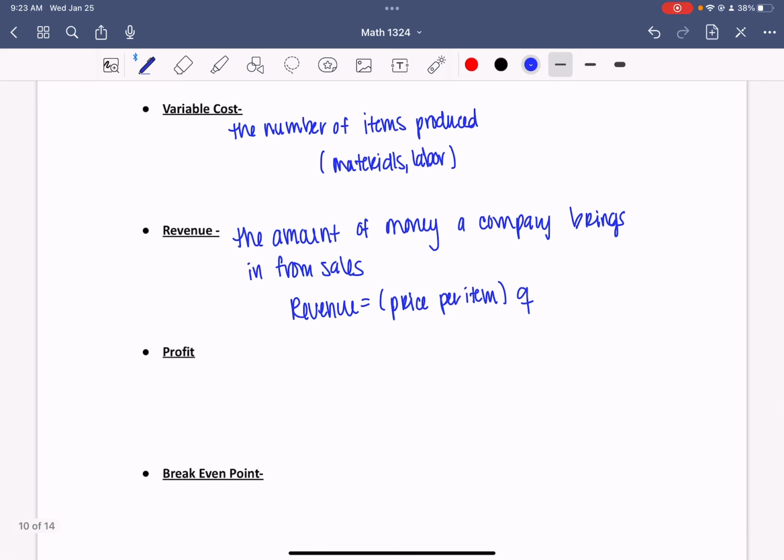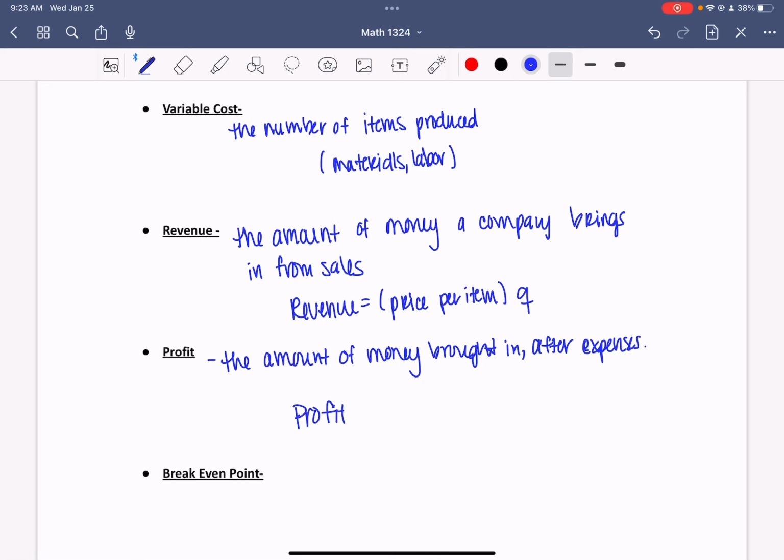Now, probably the one, if you have a business, you're most concerned about is the profit, or you should be. This is the amount of money brought in after expenses. And so this is where it's crucial if you're a business owner to figure out how much profit you have, because the whole point of having your business is to make money.